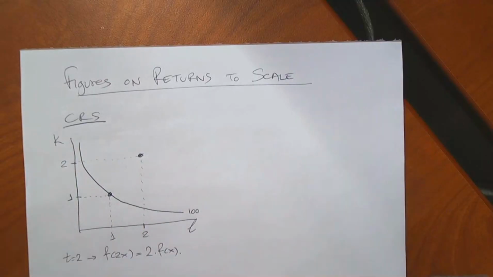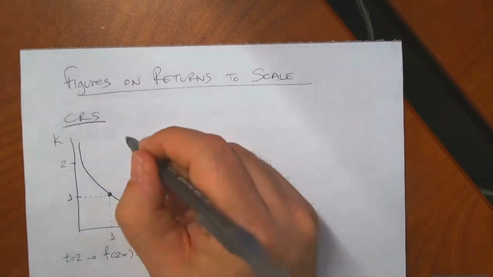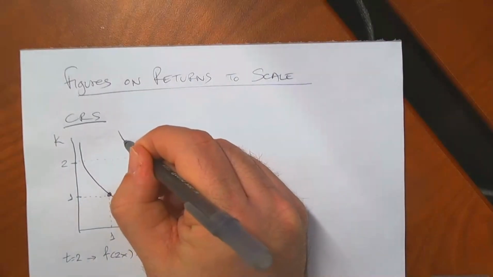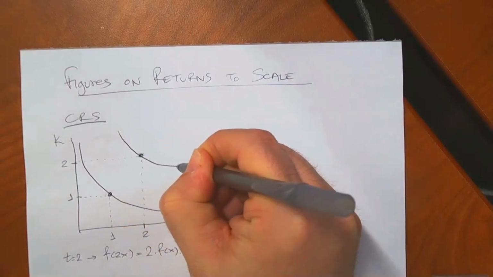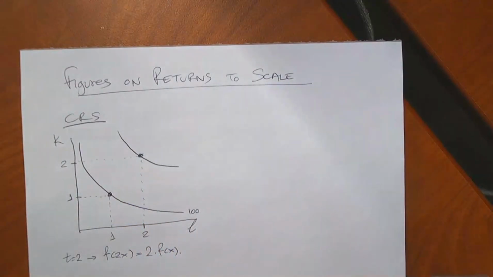So you know that every point in this diagram of capital and labor has an isoquant passing through it, right? It's the same thing as the indifference curve map. So you know that there is an isoquant that passes through this. Let's say this is the shape of the isoquant. If we have assumed constant returns to scale, and let's say this was a Cobb-Douglas, what is going to be the Q over here? 200.